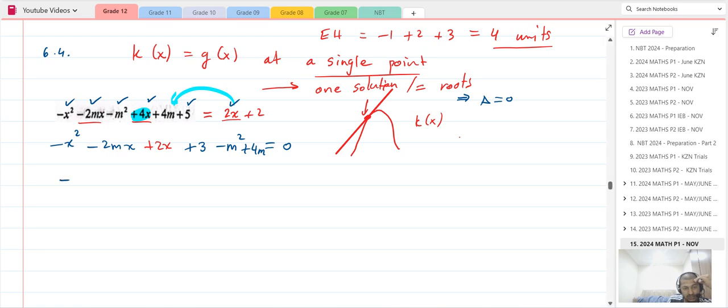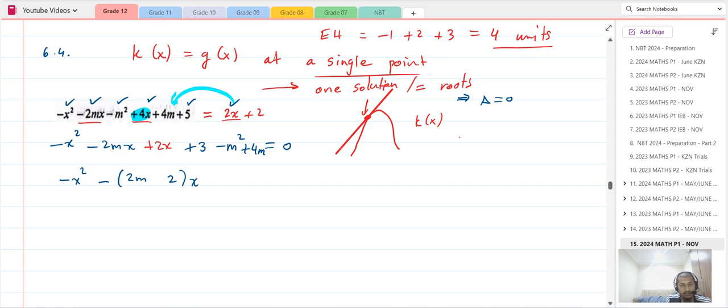Minus x squared, take out x as a common factor, minus x into, let's take out the minus x at the back, so you know what we're dealing with here. We got 2m plus 2 with the x minus 2.